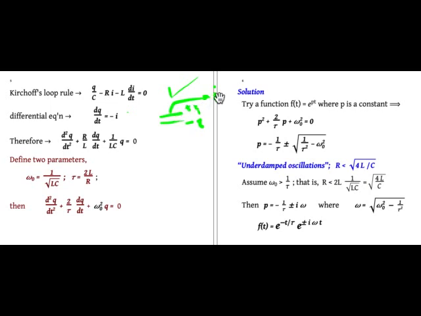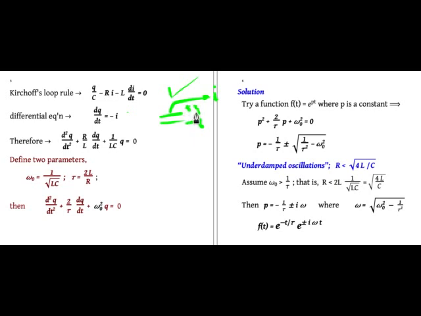Now I is the rate of change of the charge, so dq dt is minus I. If the current is in this direction, then Q is decreasing. Positive charge is moving away from the upper plate, giving me a current to the right here. That means the charge Q is decreasing.